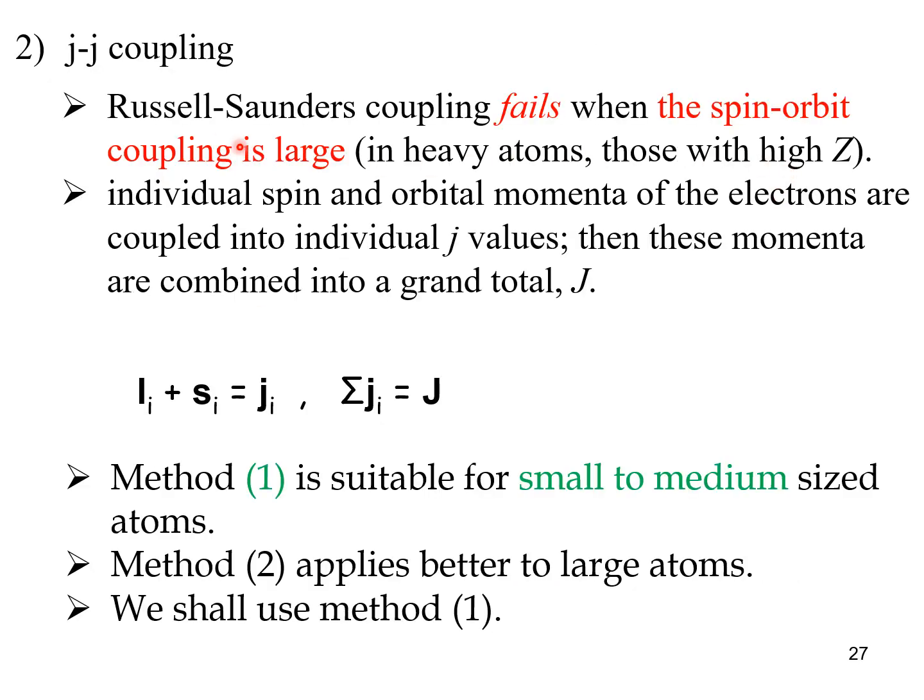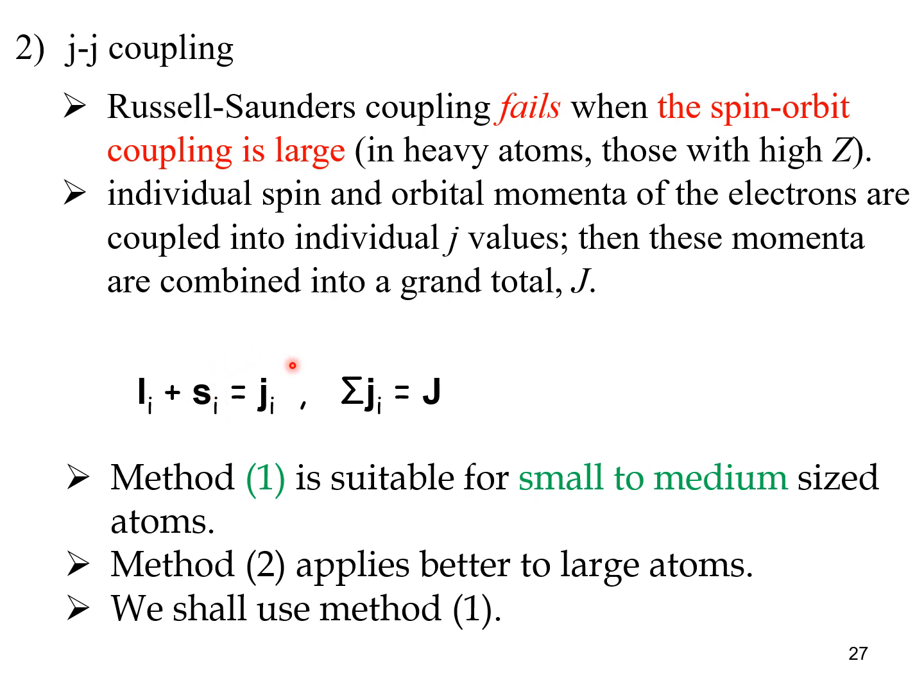This method to determine the spin-orbit coupling effect is through JJ coupling, where Russell-Saunders coupling fails when the spin-orbit coupling is large, for large or heavy atoms with high Z value. So the individual spin and orbital momentum of the electrons are coupled into individual J values, then these momenta are combined into a grand total, meaning that they consider for each individual electron the respective Lz value and also the Sz value.